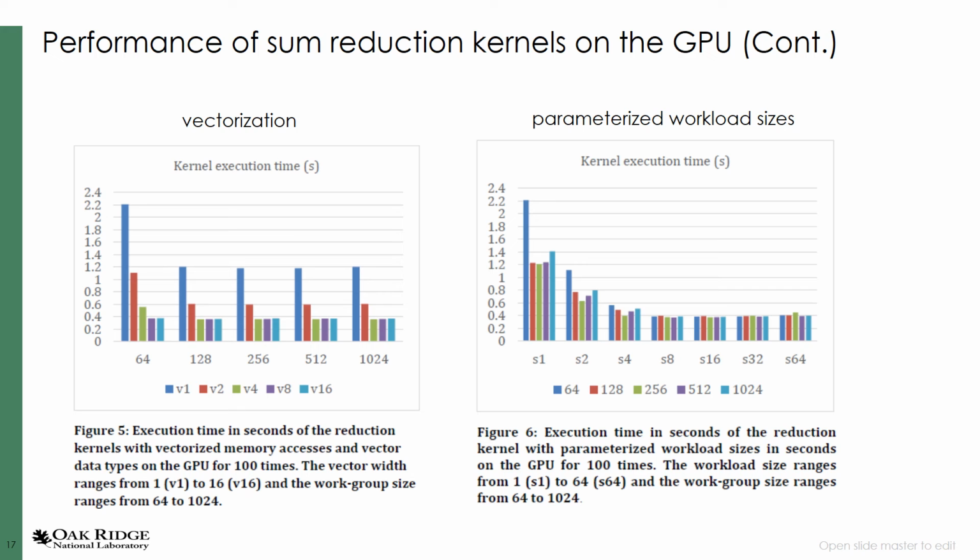The minimum time is approximately 370 milliseconds when the workgroup size is 512 and the workload size is 8. Hence, the kernel execution time is approximately 3.1% longer than the fastest kernel with vectorized memory access and vector data types.